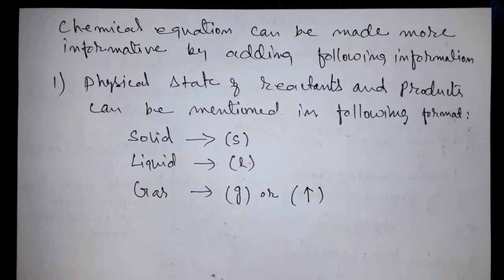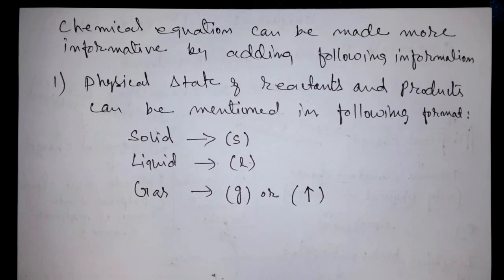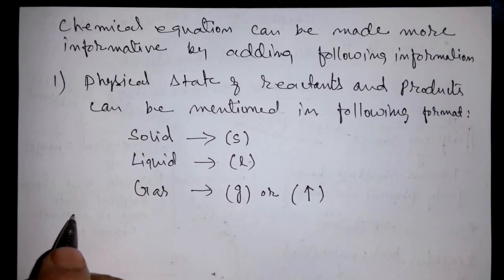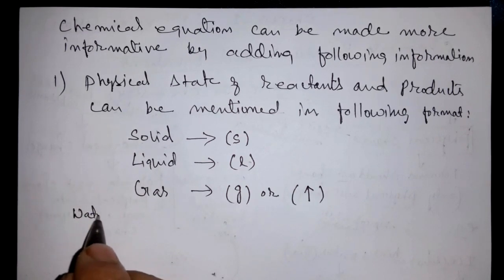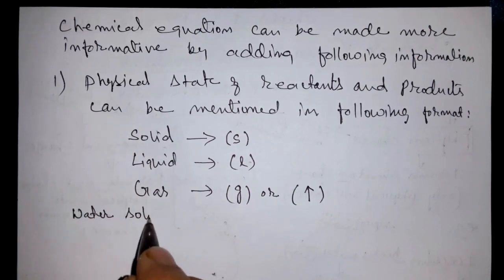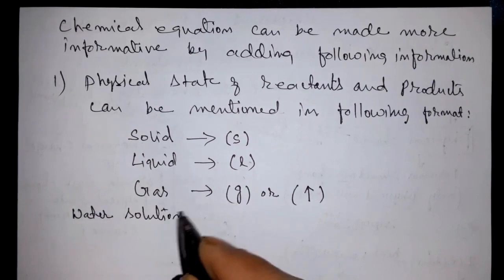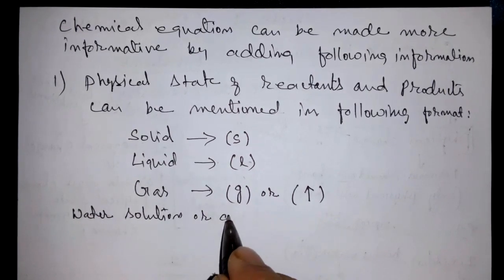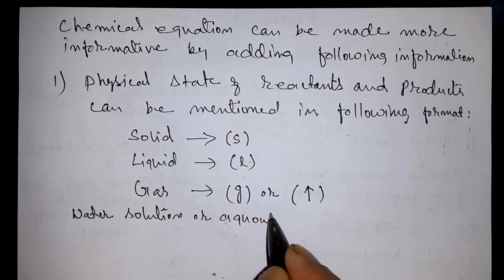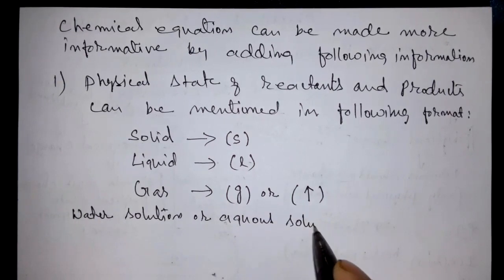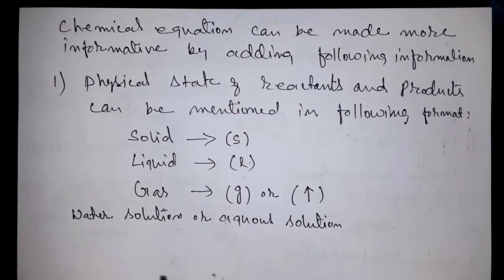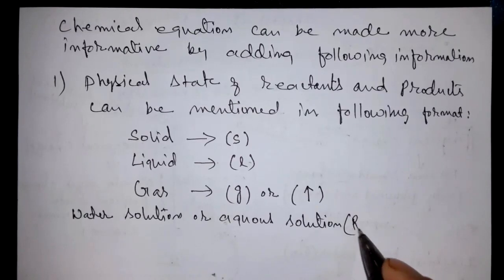Then sometimes we use some reactant in the form of solution, and generally we make the solution of the chemical in water. Water solution is also called aqueous solution. This is used mainly for the reactant.